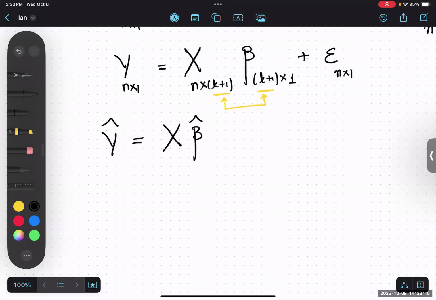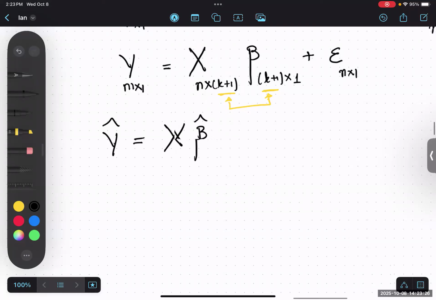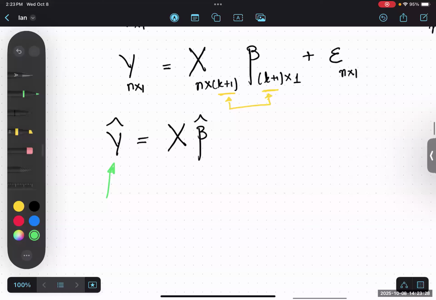And I will show you how to derive that OLS estimator by hand. But for now, this is something that you must see immediately. The fitted values of your dependent variable come from this linear model, which means that now you could define your residuals as the difference between the actual values of your dependent variable and these fitted values.